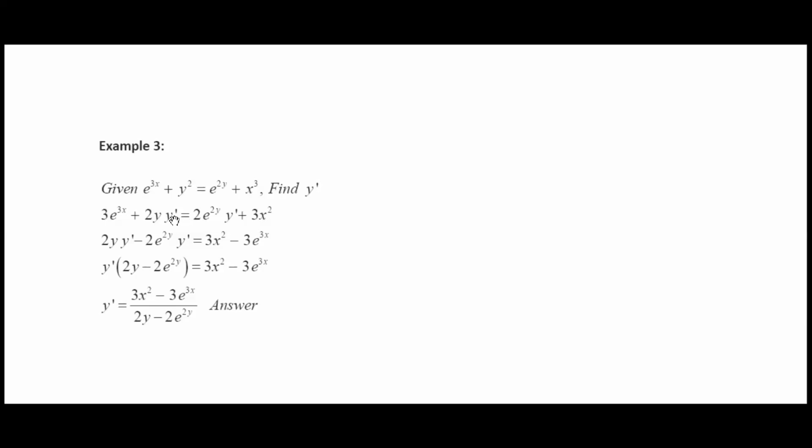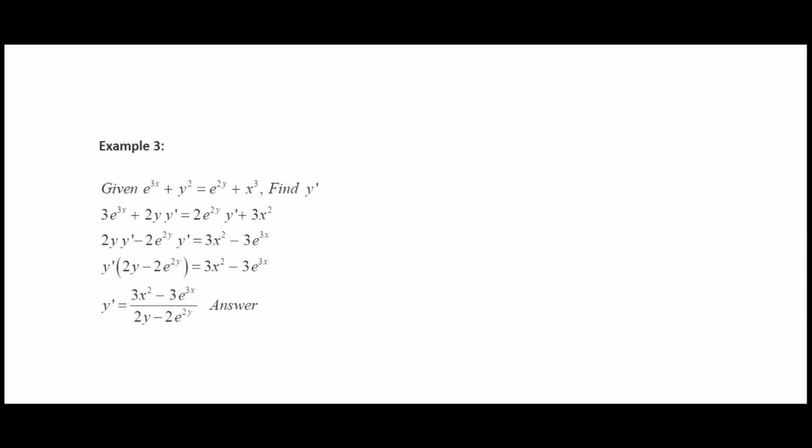y prime's on one side. We're leaving this one alone, and we'll bring this one over. And then we'll leave this be and bring this over. We'll factor out a y prime from this. Now we'll solve for y prime.